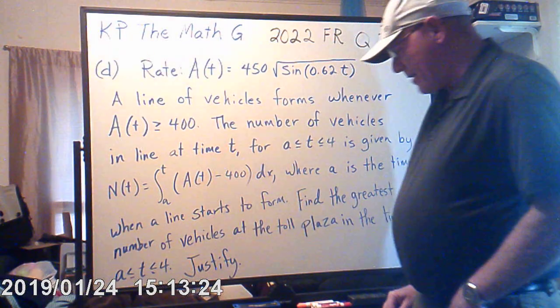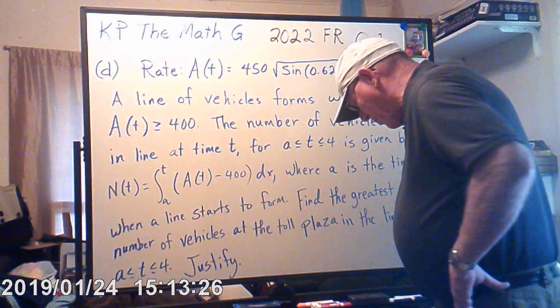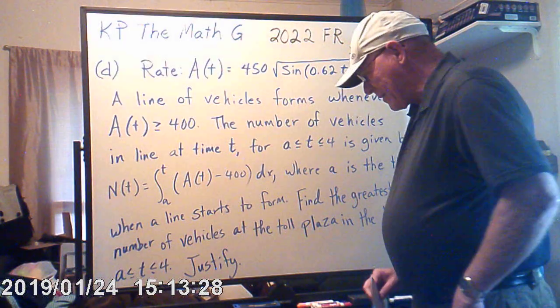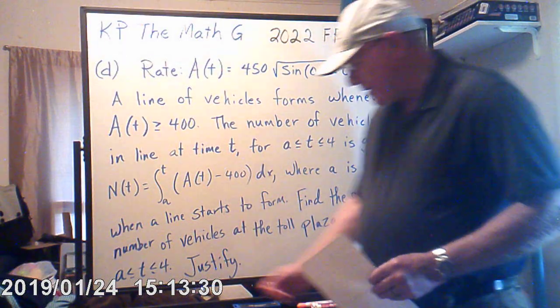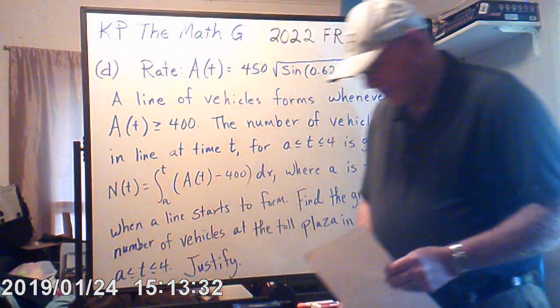Find the greatest number of vehicles at the toll plaza for t between and including a and 4, and justify your answer.